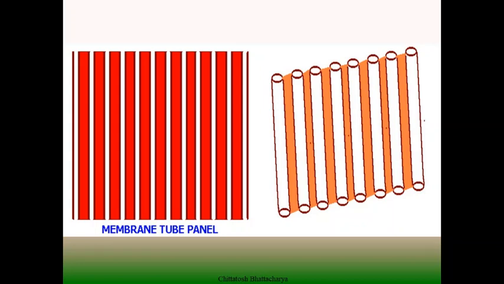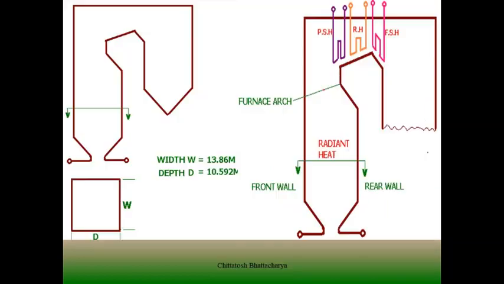Beside that, these water walls may be formed in such a way that the tubes are in contact with one another. That type of arrangement is called tangent walling, and there may be some membrane strip in between the tubes which are seal welded.